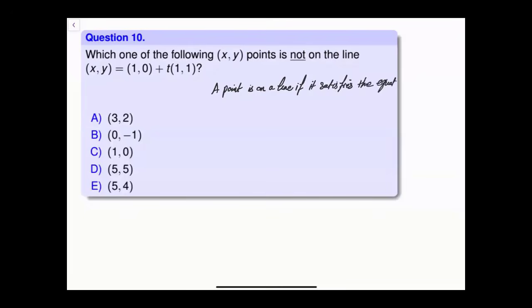Well, which equation? In this case, the equation is for at least one value of t.